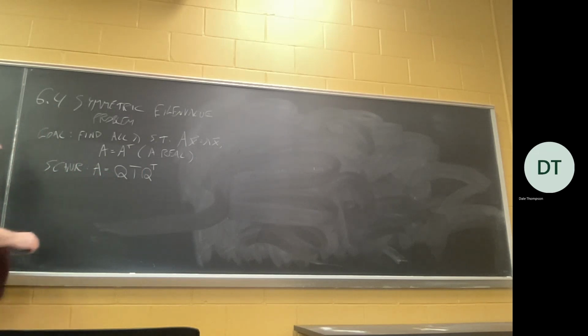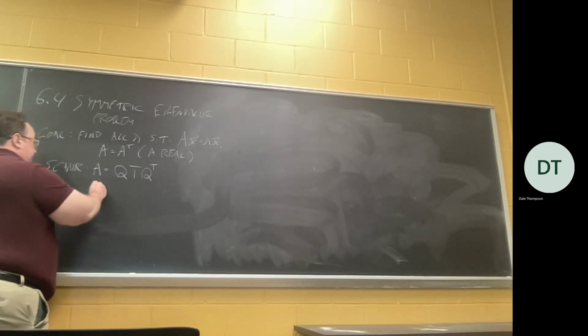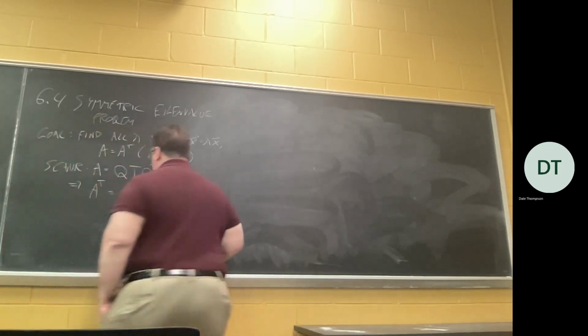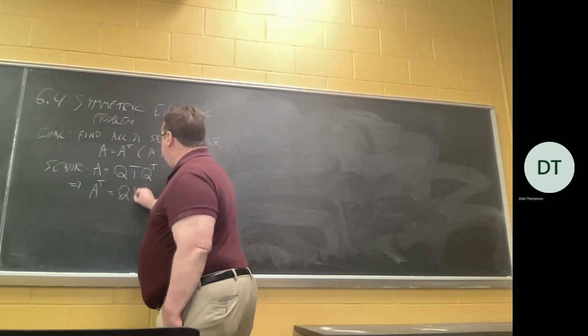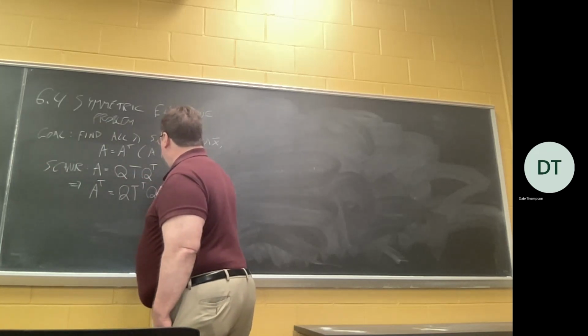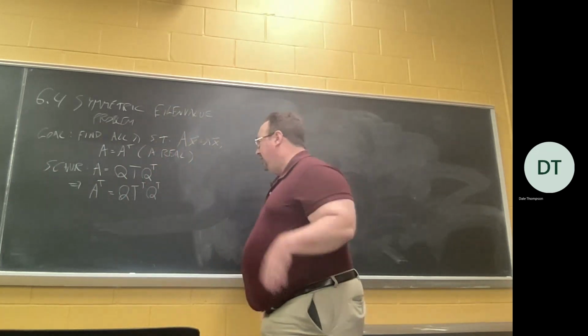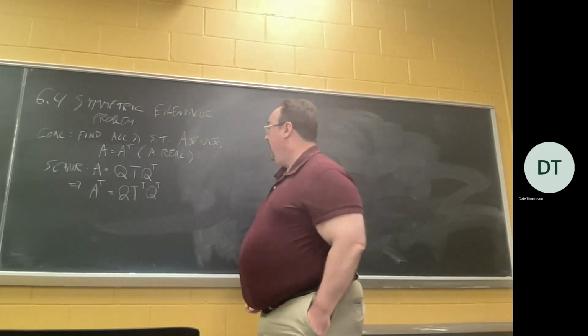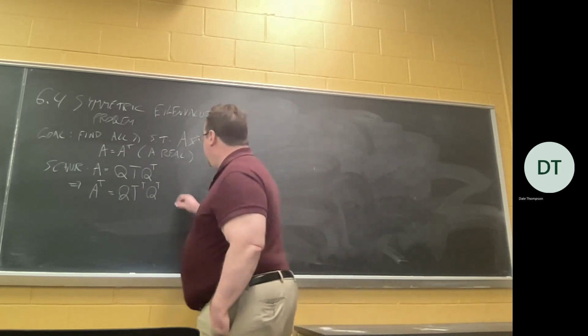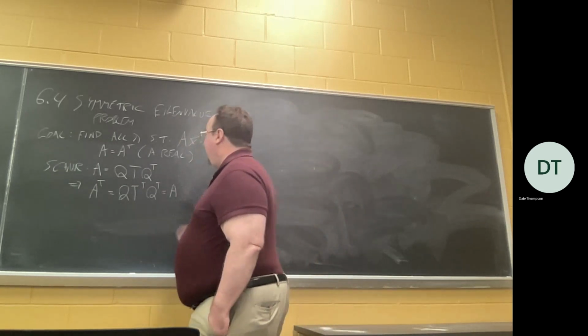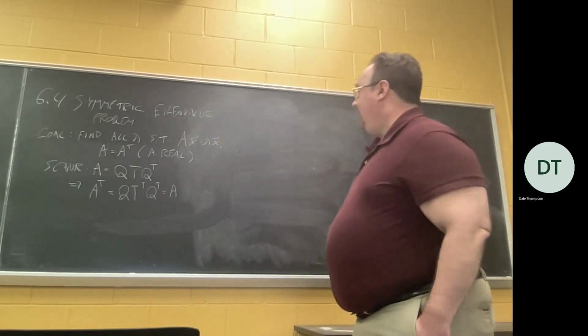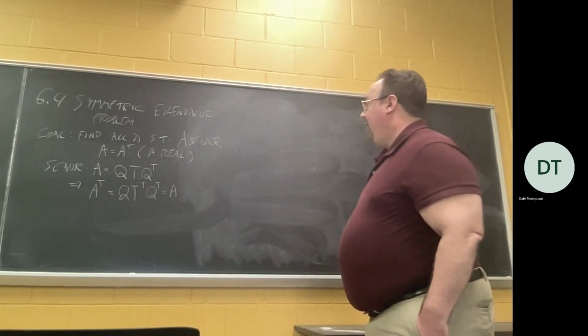So now I'm going to transpose both sides. So A transpose is going to be Q T transpose Q transpose. It's a transpose of a product. It's a product of the transposes in reverse order. That equals A because A is symmetric.